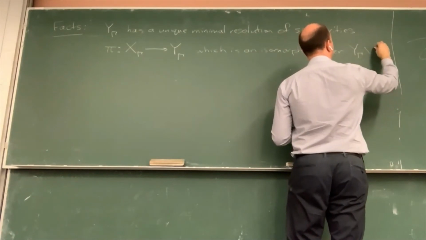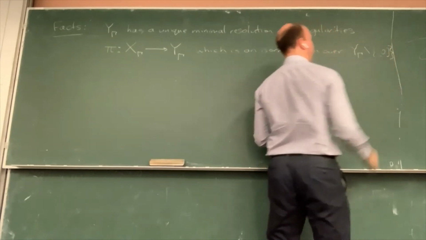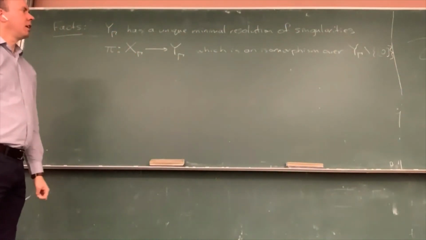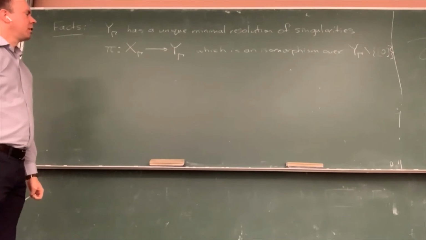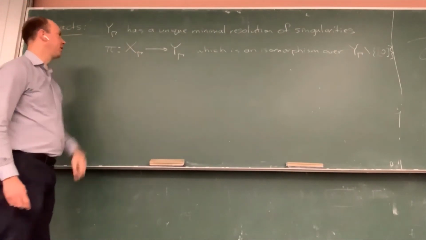I can't remember what the singular point in Y gamma was called, but it's some zero in some sense. And so the only part that's changed is the singular point.